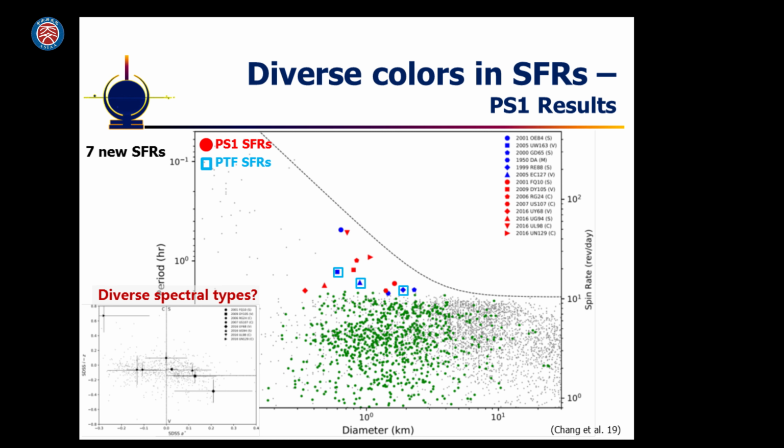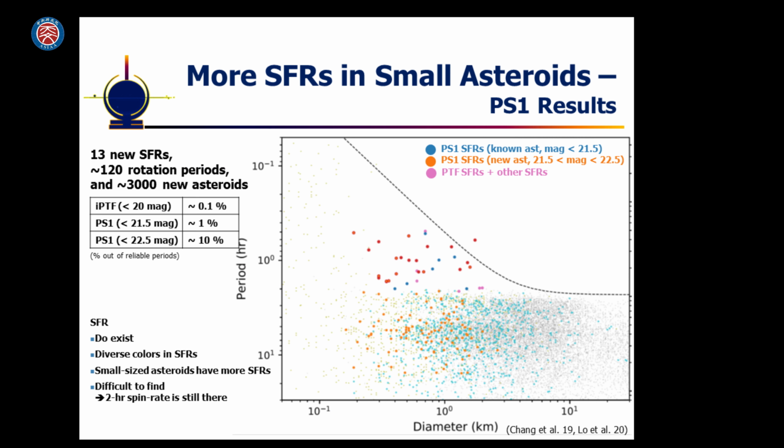So as you see, these 7 superfast rotators have diverse colors, which means that superfast rotators can be generated from different materials. So at this point, we feel that superfast rotators are very much like ordinary or average asteroids, except they can spin very fast.